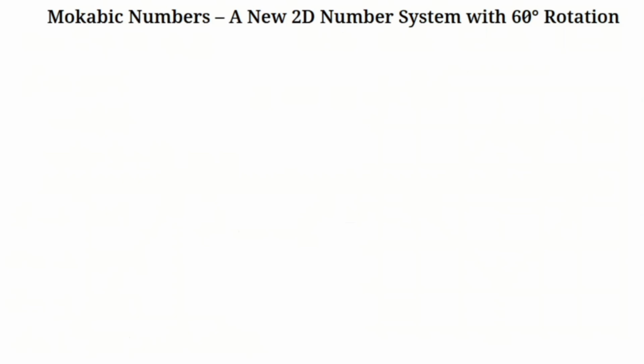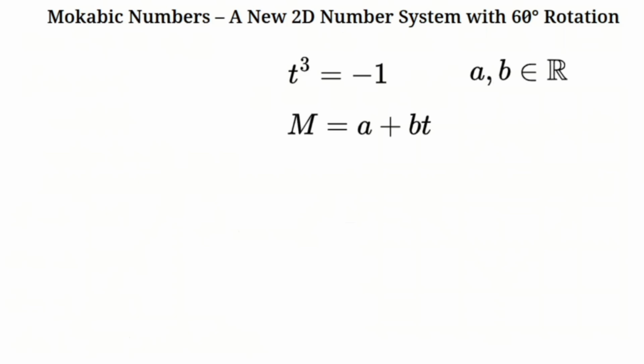Let's define it. We introduce a new unit called the Mokabic unit t and define it by the rule t to the power of 3 equals -1. Just like how complex numbers use i squared equals -1, Mokabic numbers are built on this cube root identity. A Mokabic number is written as m equals a plus b times t, where a and b are real numbers, and t is the Mokabic unit.